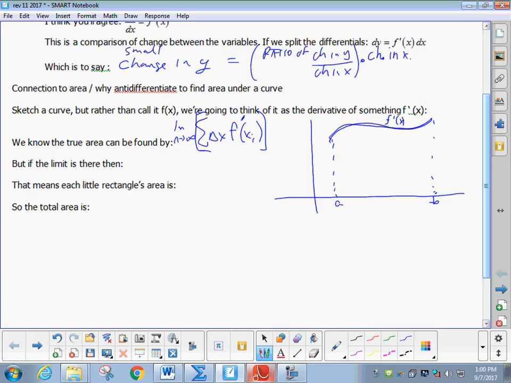Now, the thing is, we didn't just stop at one rectangle. We took the limit. And as we take infinitely many, the delta x, that gap in x, we take infinitesimally small, and we need a cooler name. So let's call it dx.